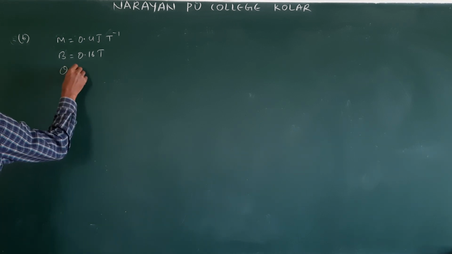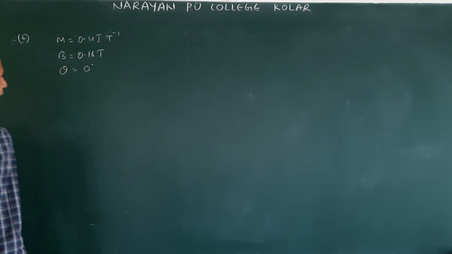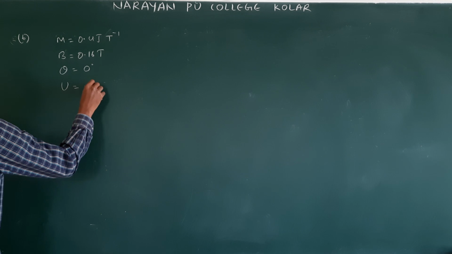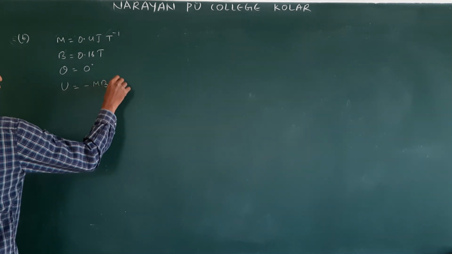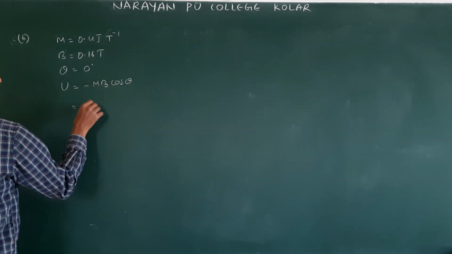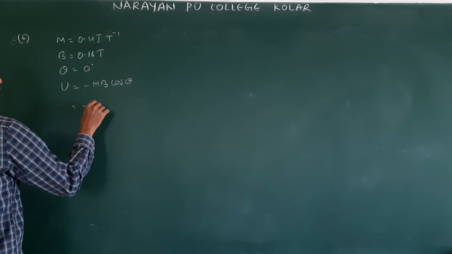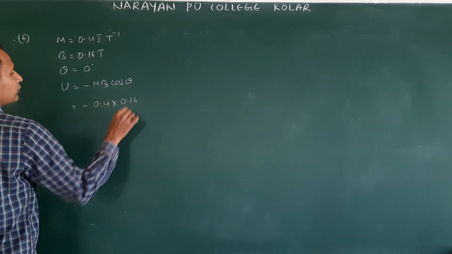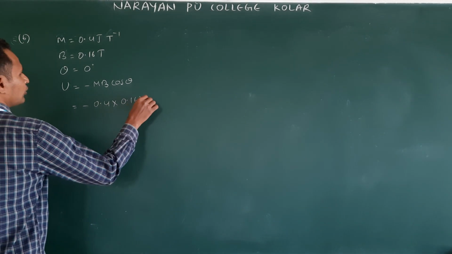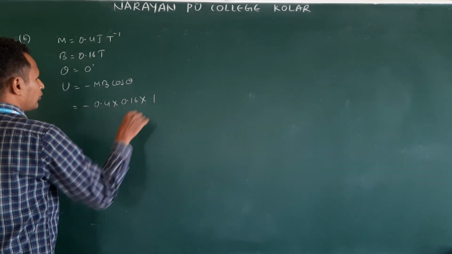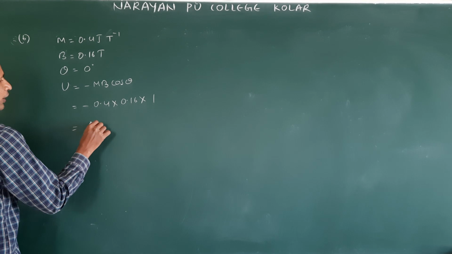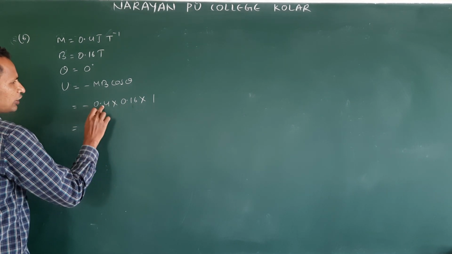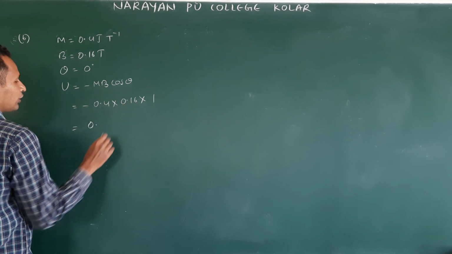Stable equilibrium means theta is equal to 0 degrees. Then they are asking the potential energy. U is equal to minus MB cos theta, minus 0.4 into 0.16 into cos 0, which is 1. 0.16 into 4 is 64. How many decimal places are there? 1, 2, 3.